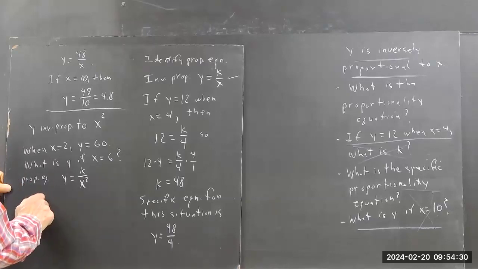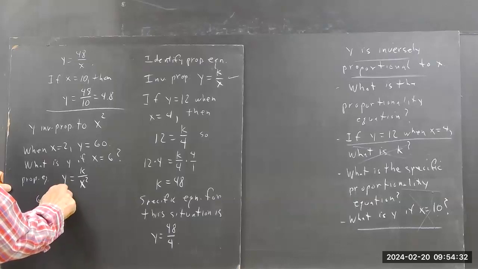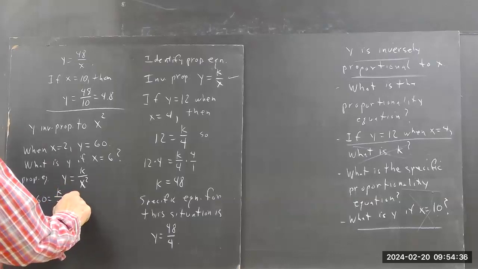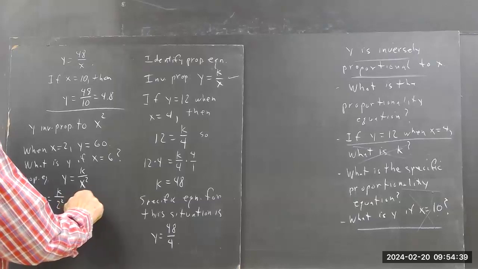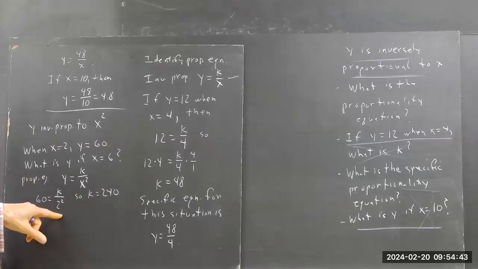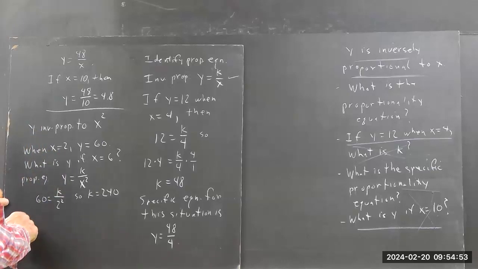So we get 60 equals k over 2 squared. And we can easily solve this equation. Just square 2, you get 4. Multiply both sides by 4. Coincidentally, the same thing we did over here. Then you get 60 times 4 is 240.